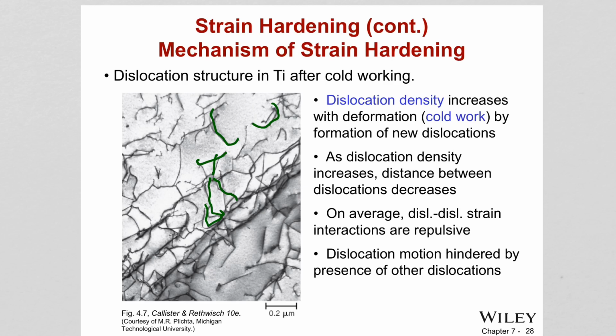As we increase the cold work, the dislocation density increases because of dislocation generation. How dislocations are generated is a more advanced topic, but I sent you a link, and you can watch how the dislocations are actually created. Under the microscope, they were able to monitor that.